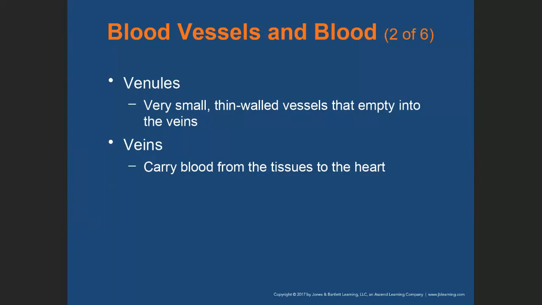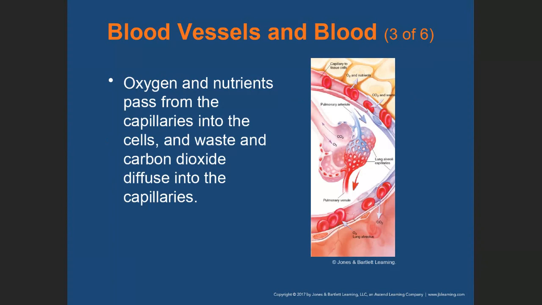Venules are very small, thin-walled vessels that empty into the veins, and veins carry blood from the tissues to the heart. Oxygen and nutrients pass from the capillaries into the cells, and waste and carbon dioxide diffuse into the capillaries.